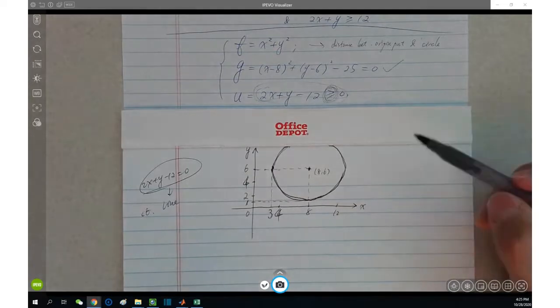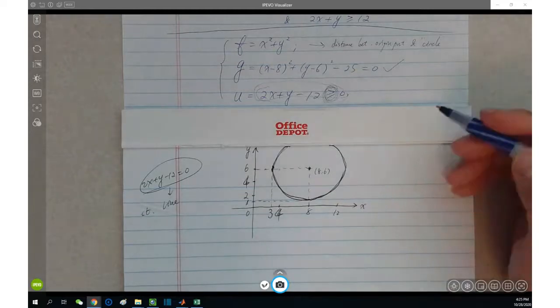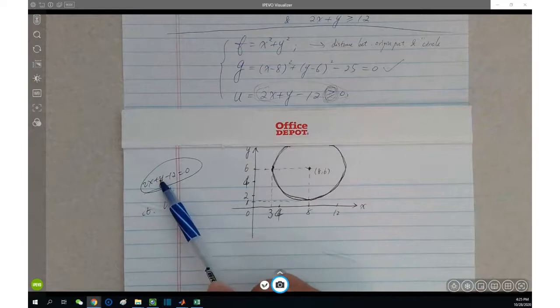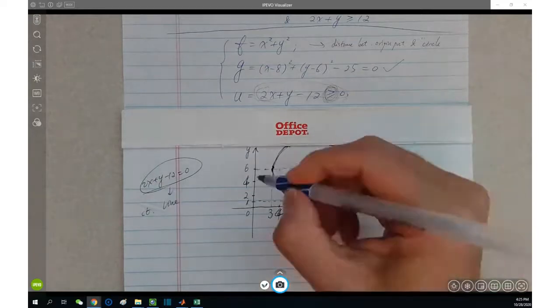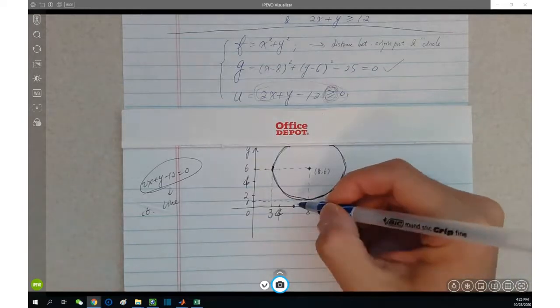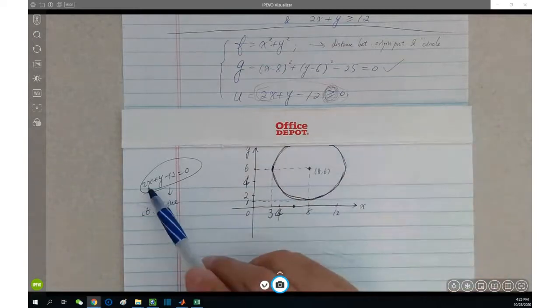Let me use a blue color too. When y equals 0, x is 6. When x equals 0, y equals 12.